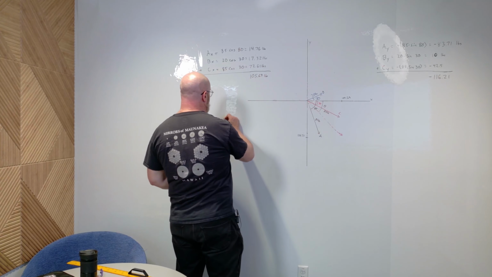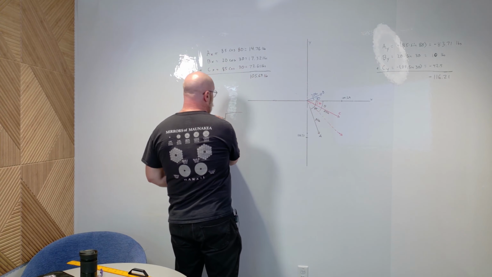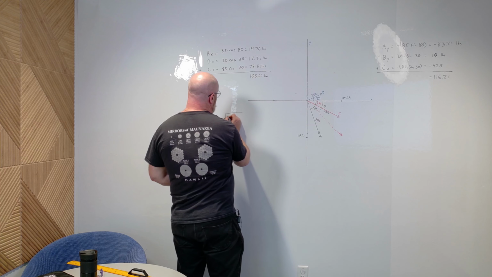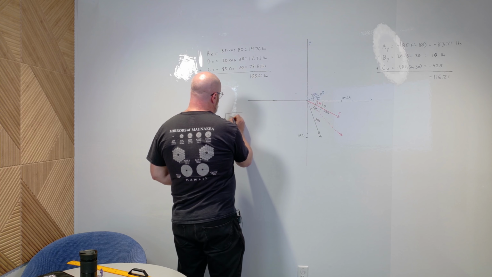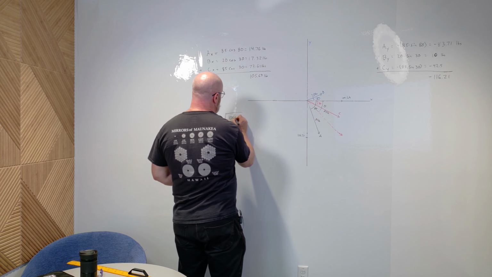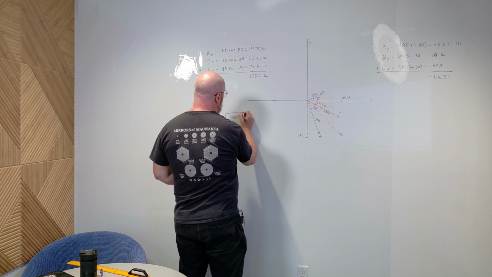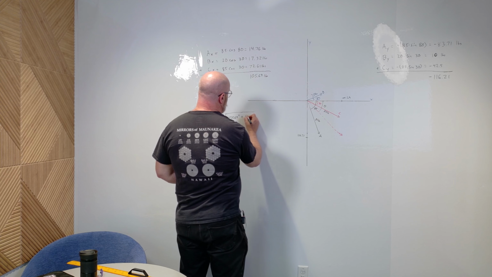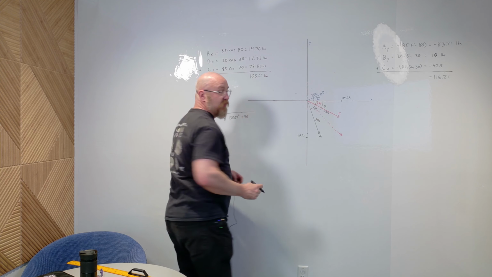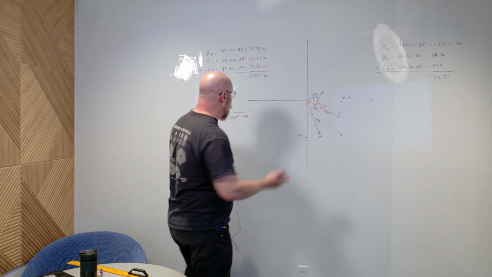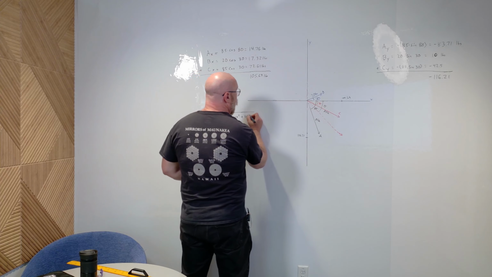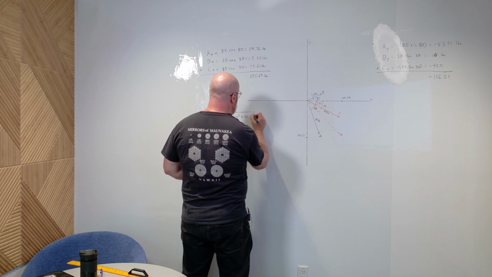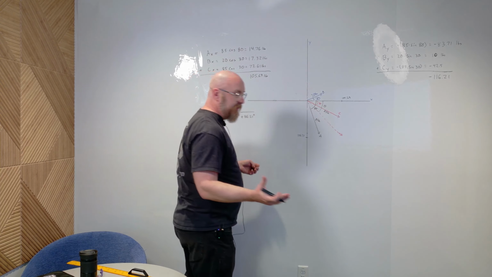So our magnitude is going to be the square root of 105.69 squared plus 116.21 squared. And once we square it, it's going to be positive anyways.